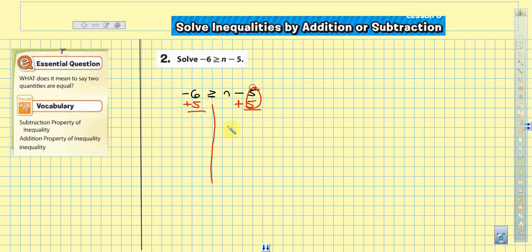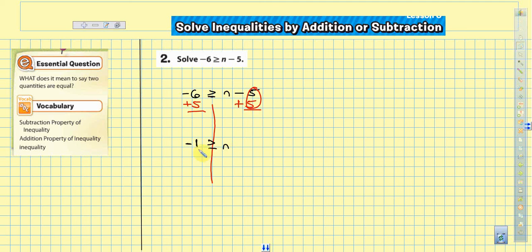That becomes 0. Our n is dropped down. We know that the number we get here is going to be greater than or equal to n. Negative 6 plus 5 is going to be negative 1. So negative 1 is greater than or equal to n.